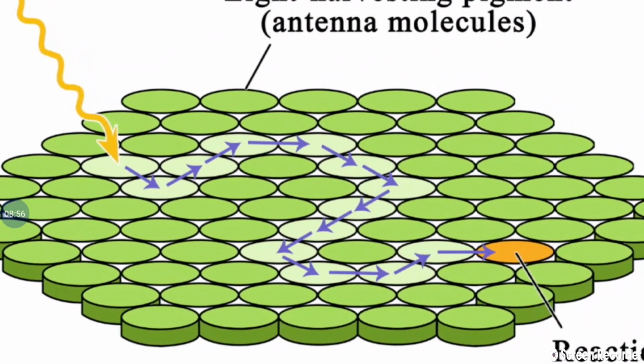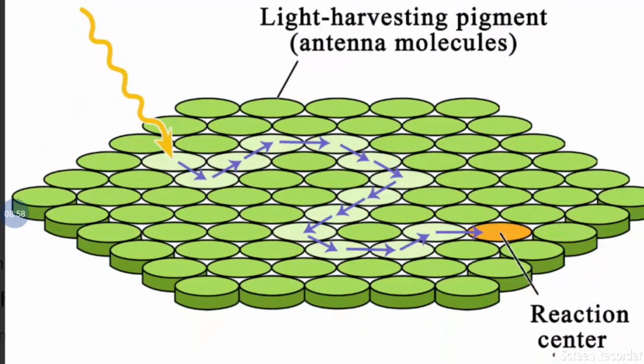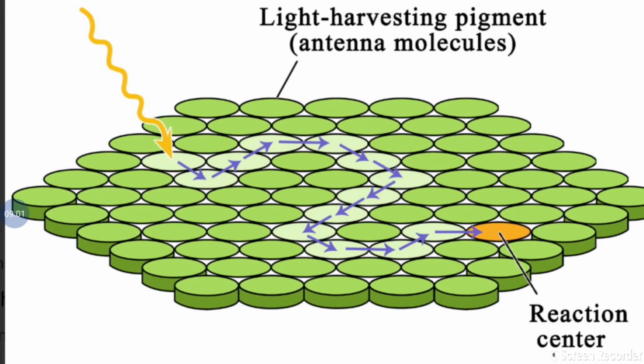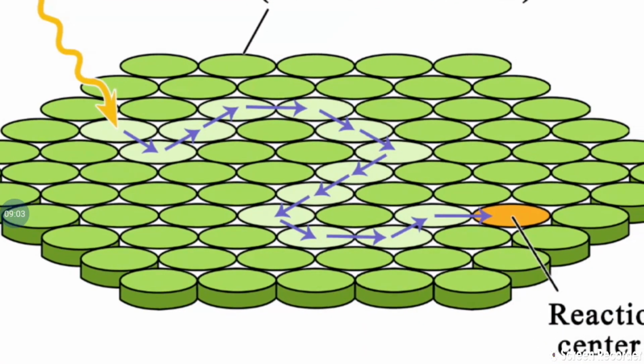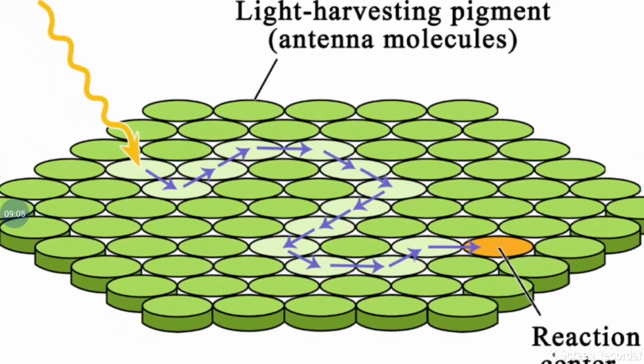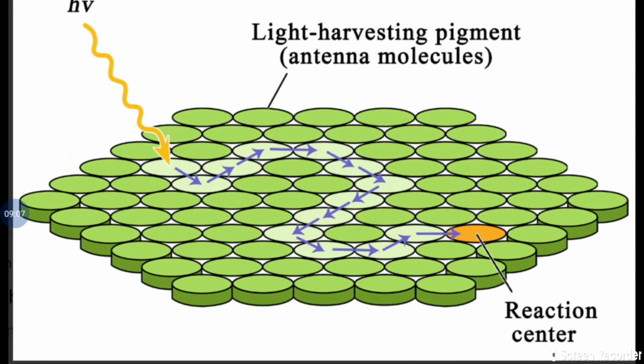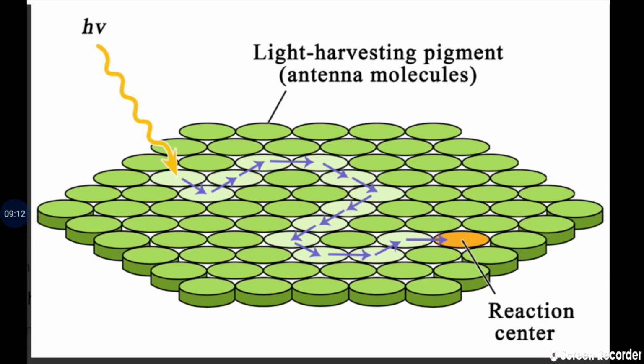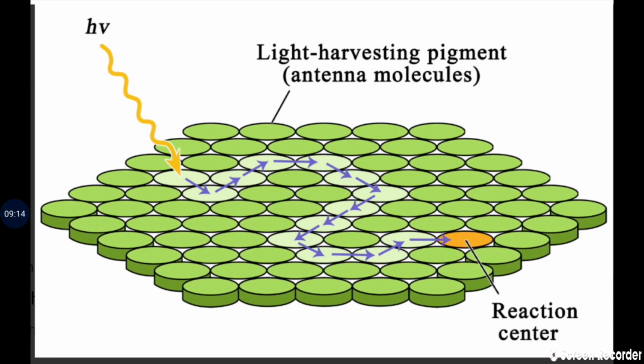If we observe this LHC, the light harvesting complex, which acts like an antenna, we find 200 to 400 chlorophyll molecules associated. So the LHC consists of 200 to 400 chlorophyll pigments. These pigments are involved in trapping solar energy, in the range of 400 to 700 nanometers.